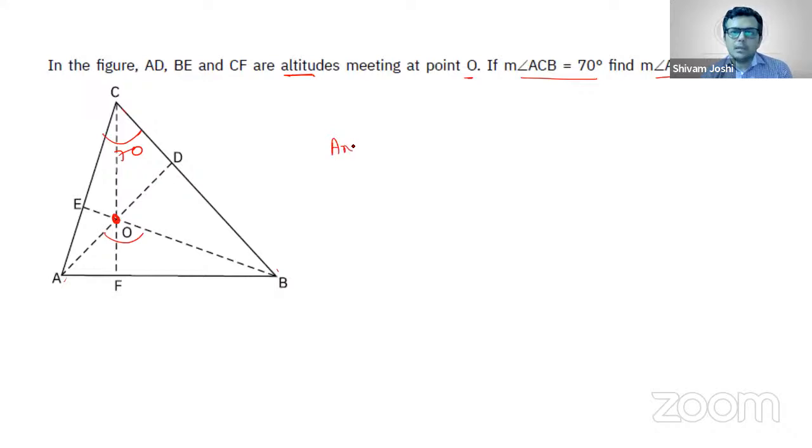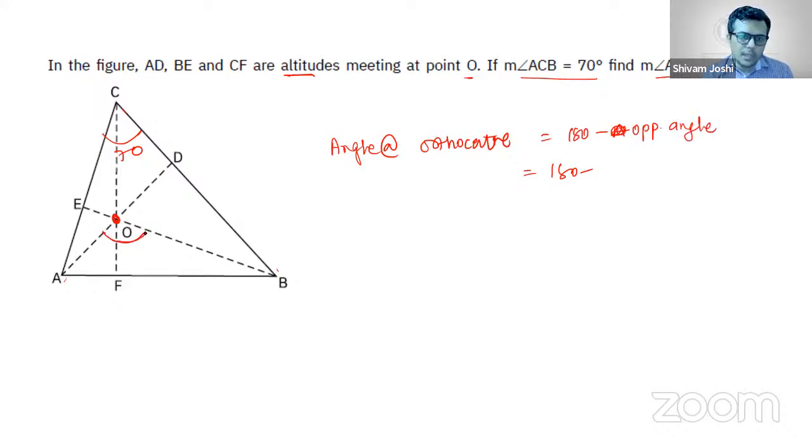This is nothing but the angle at the orthocenter, which is 180 minus the opposite angle. That is a better usage. So over here, we want this angle, and the opposite angle is this one, which is 70. The answer has to be 110. If you know the property, it's a straightforward question.